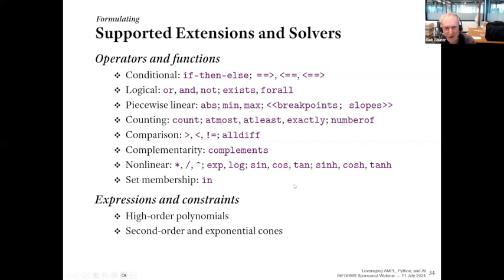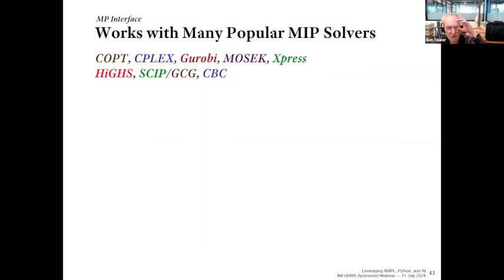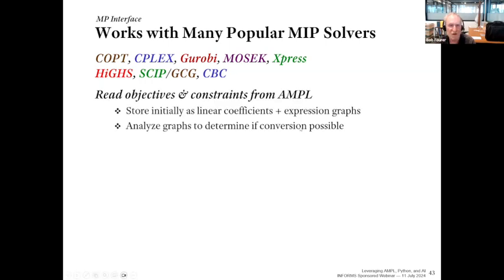And all these things can be used together. It's not like they have to be used one at a time, and you have to build them up. You can use them in combined expressions as well, as you've seen a few. Okay? So just to conclude, I'll say that all these different MIP solvers have this MP interface. In each case, it uses whatever native features it has, and it converts everything else to something that the solver can use.